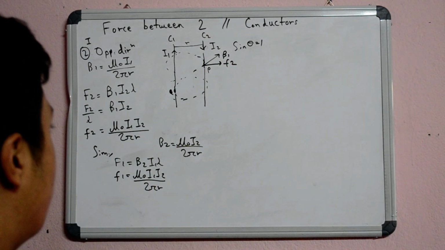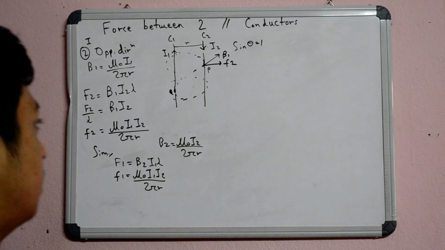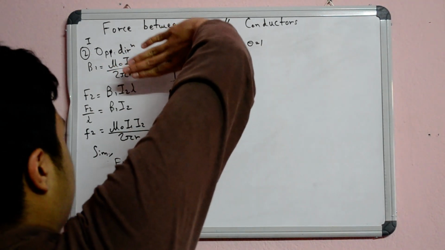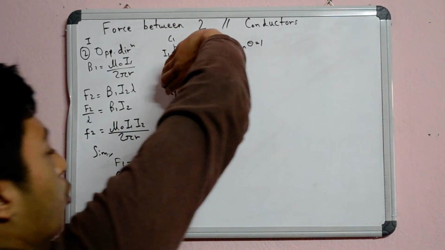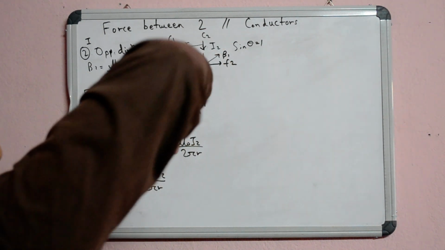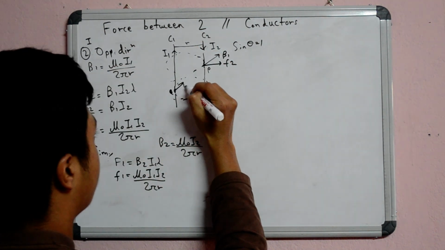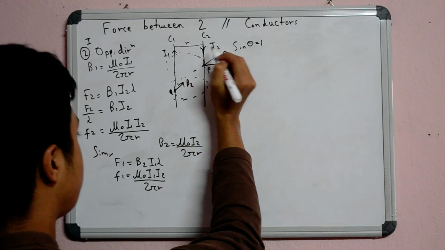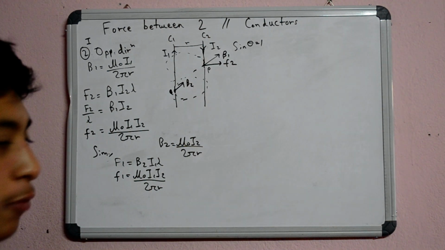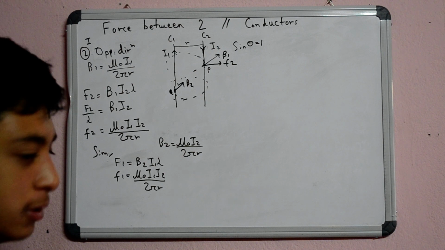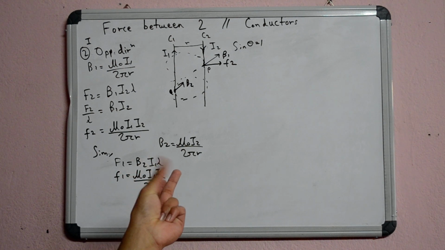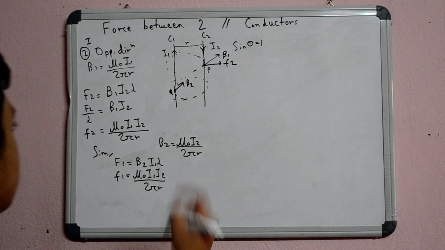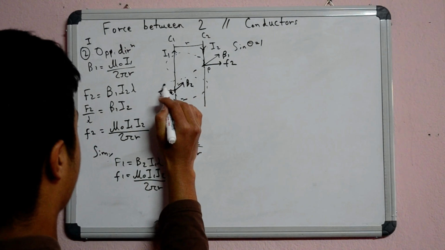Similarly for F1, first let's find that this is also inward. The magnetic field due to conductor C2 at point Q is going inwards. The force per unit length experienced by it: the magnetic field is inwards, the current is upwards, and the Lorentz force would go like this, but for an electron it's reversed, so it goes outside.